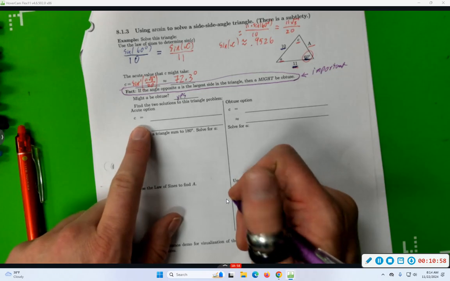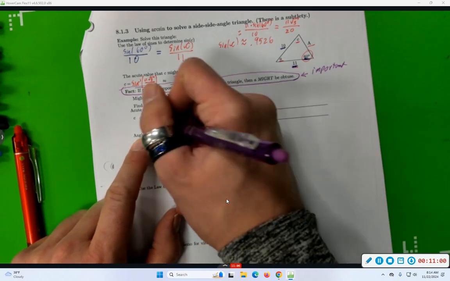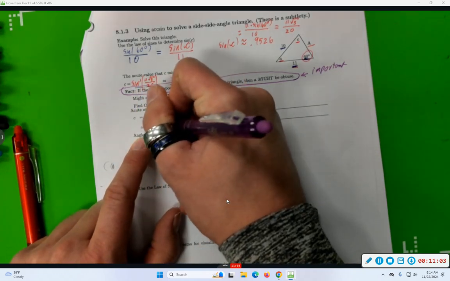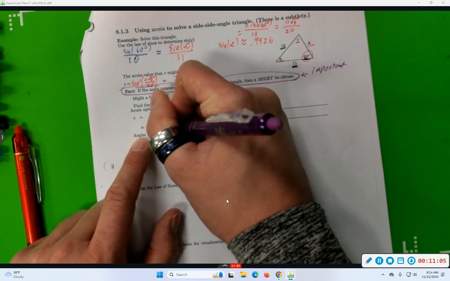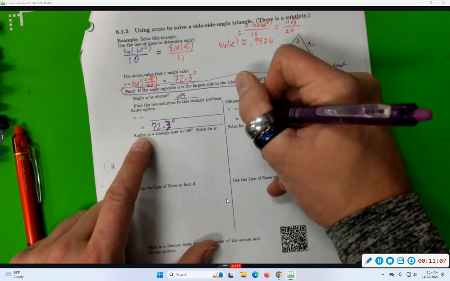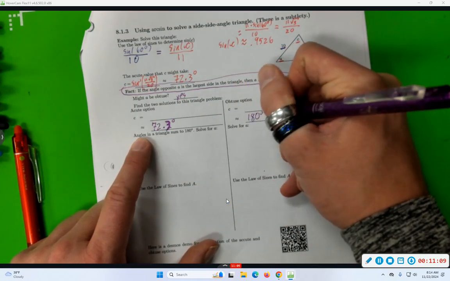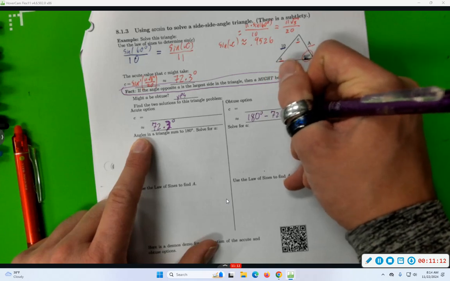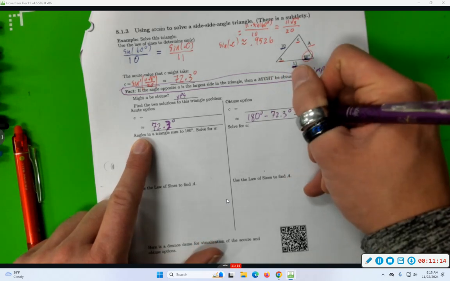So one of them is the angle we just found. And you know what? I'm going to jump down to the decimal approximation. I think things will be easier to follow. About 72.3 degrees, or about 180 degrees minus 72.3 degrees.